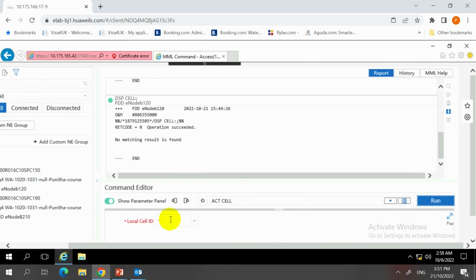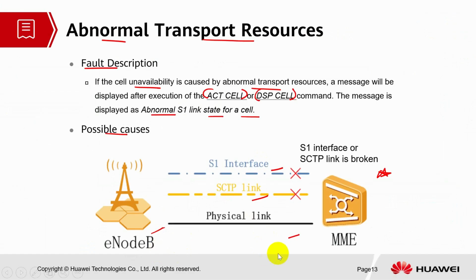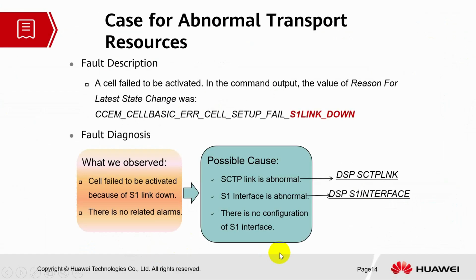For activate cell, you need to have the cell configuration, and from there you can activate the cell. These commands let you check for the abnormal transport resource, and they will acknowledge the issue as well. So that is the case here for abnormal transport resources.